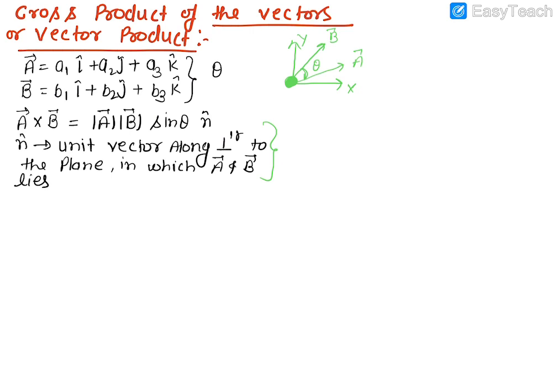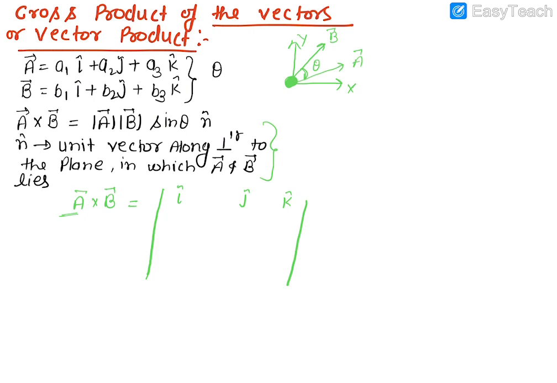then how will we find the cross product? To find the cross product, we have to solve a matrix. Suppose a cross b, we have to make a matrix where I have to write i cap, j cap and k cap. Here I have to write all the coefficients of i cap, j cap and k cap for vector a.